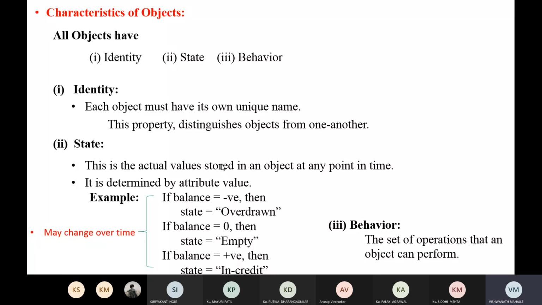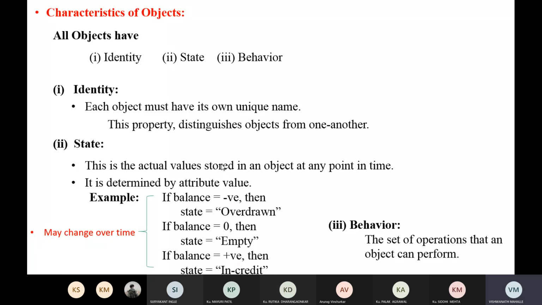Also, an object has state. This is the actual value stored in the object at any point in time. So how can we find the state of an object? We find the state of an object by its attribute values. Here I have taken the example of a bank account.